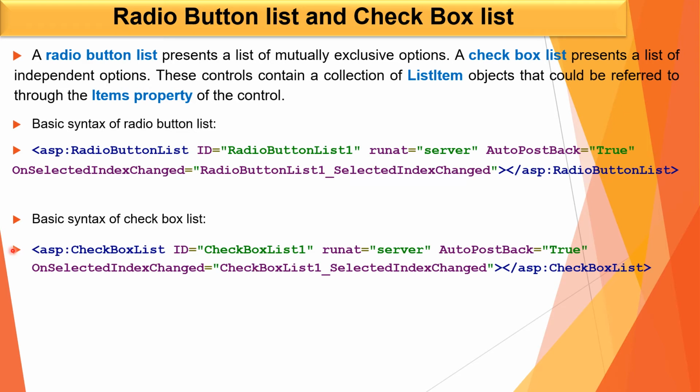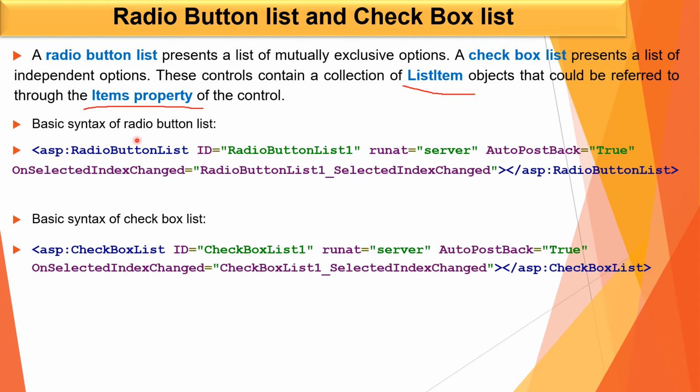A RadioButtonList presents a list of mutually exclusive options, and a CheckBoxList presents a list of independent options. These controls contain a collection of list items, a ListItem object collection that can be referred to through the Items property of the control.